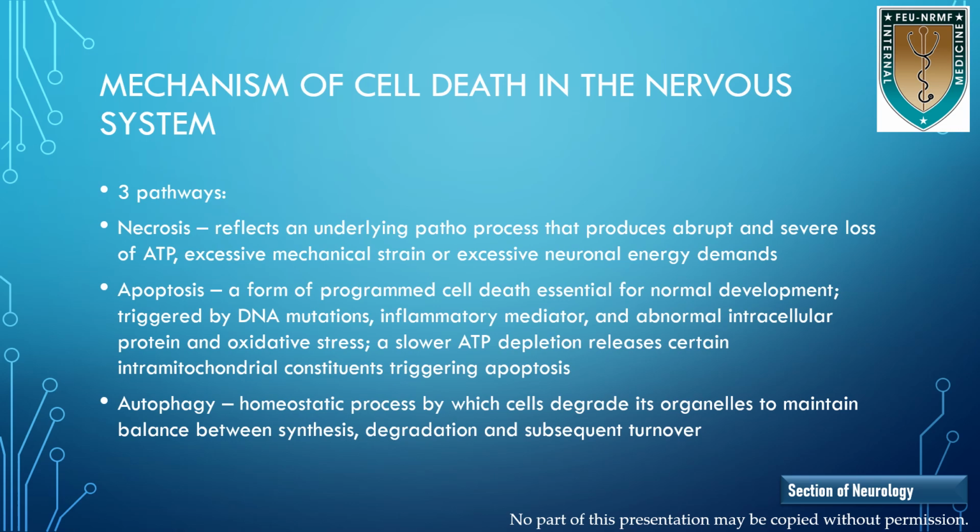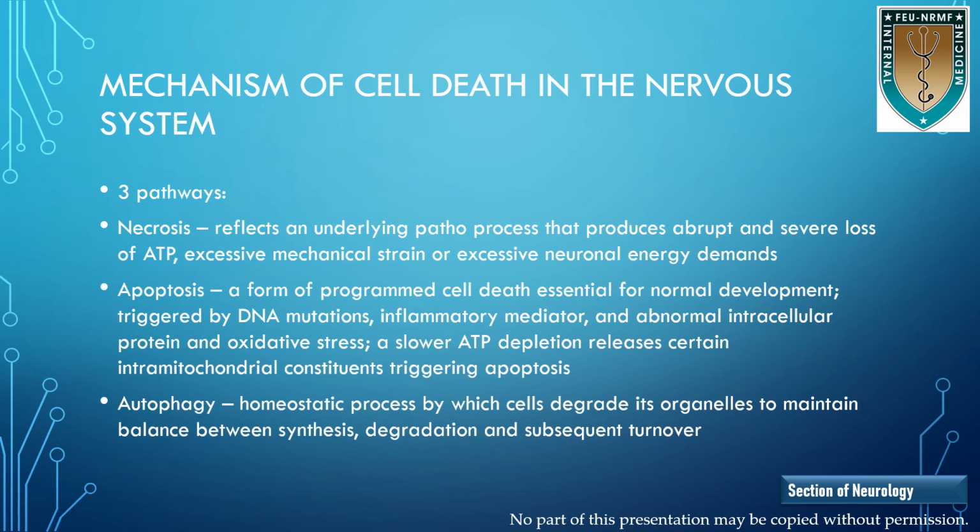So this is triggered by DNA mutations, inflammatory mediators, and abnormal intracellular protein and oxidative stress. A slower ATP depletion releases certain intramitochondrial constituents, triggering apoptosis. So again, remember, necrosis is produced by abrupt and severe loss of ATP.